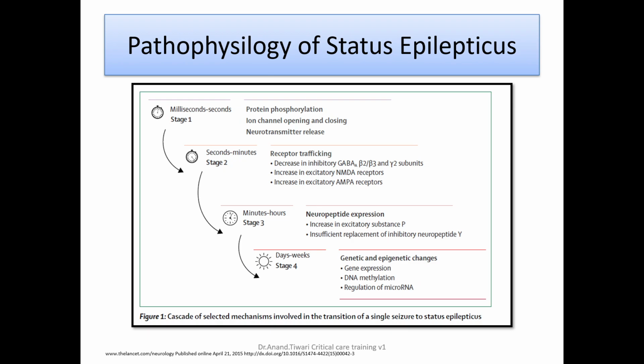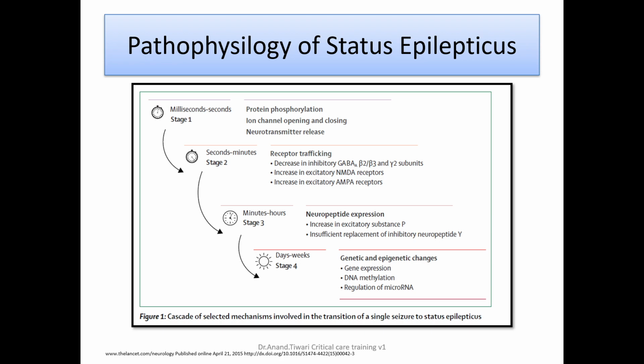What is the underlying pathophysiology? Most of the studies to understand the pathophysiology were done in animal models, where there is an imbalance between the inhibitory interneurons and the excitatory neurotransmitters.